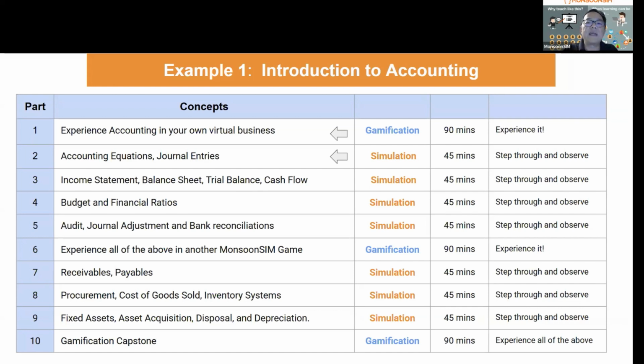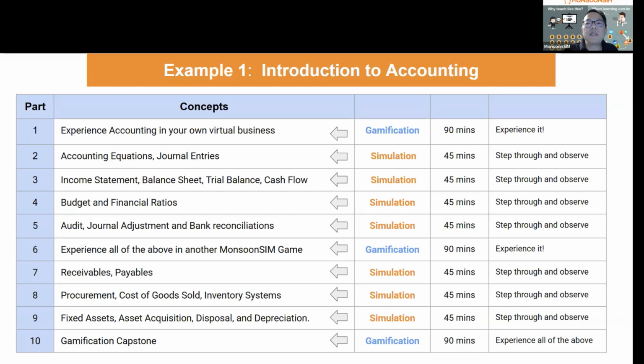And then I can simulate all these reports, and then I can do audit and bank reconciliation using simulation in MonsoonSIM, and then go back to the game. Okay, why not, right? After 5 weeks, let's have a week of game, experience all of the above in one game. And then after that, I go into receivables, payables, simulate, and then game. I can do that, right?